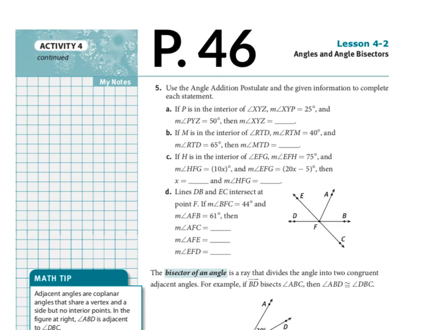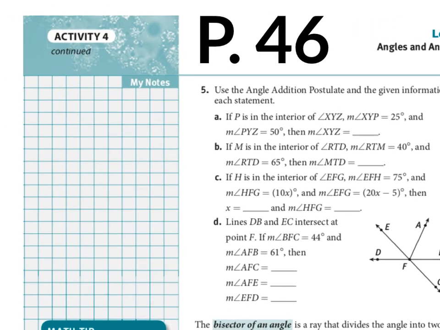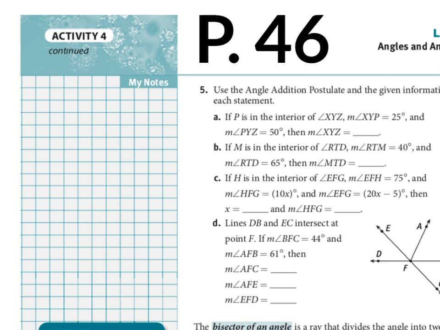Now let's practice using the angle addition postulate. So let's look at number 5a. If P is in the interior of angle XYZ, so I'm going to sketch angle XYZ, and P is on the interior of this angle.